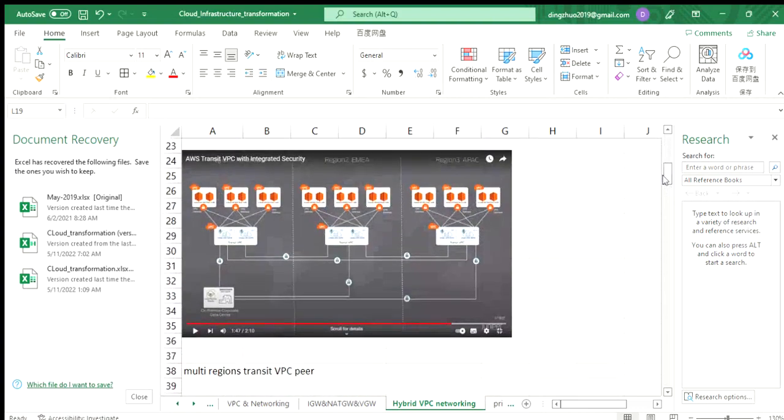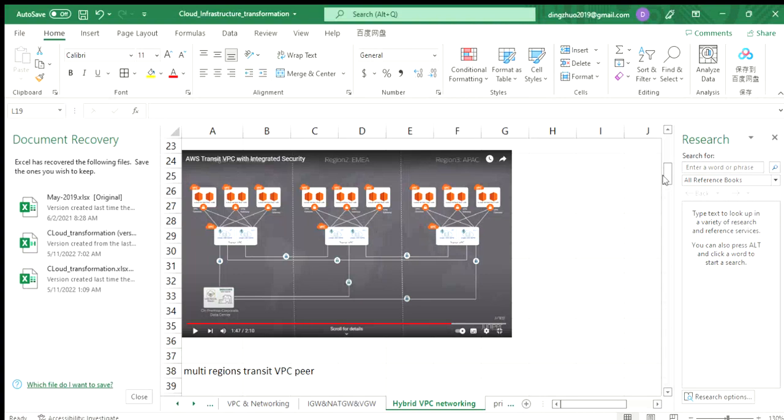The second diagram illustrates how multiple regions can all be connected through the transit VPC, and those transit VPC layers cross over to connect multiple regions, and at the same time also connect the global head offices or global data centers.